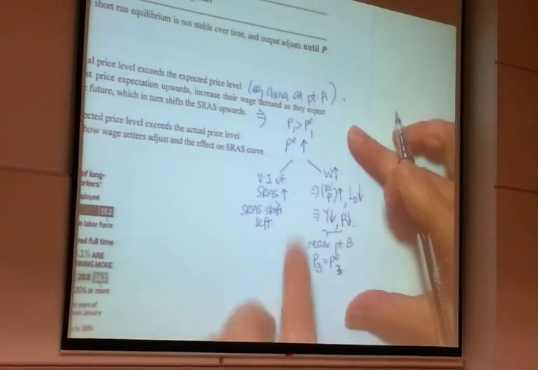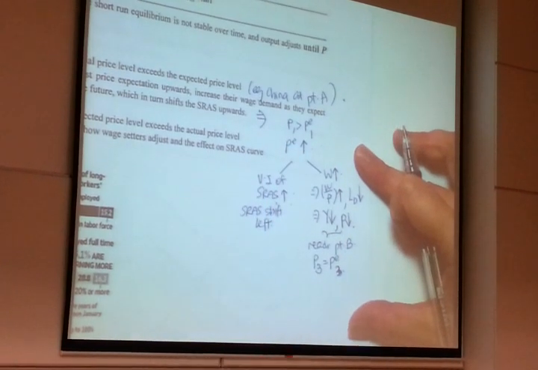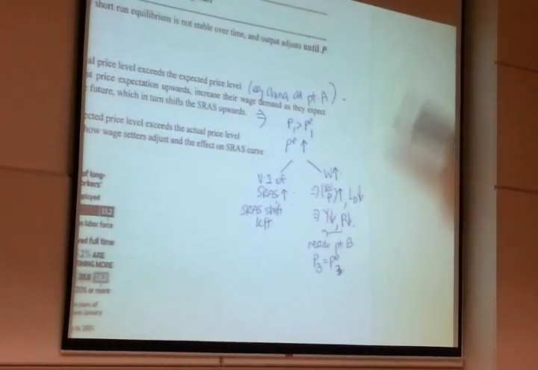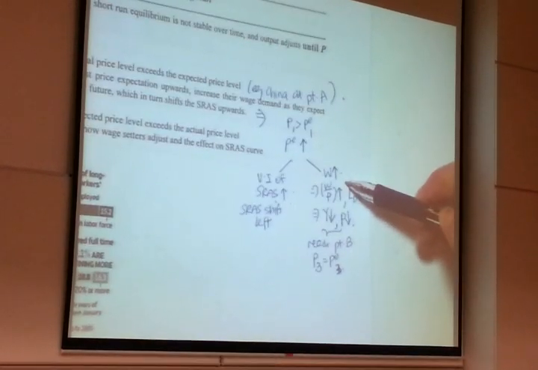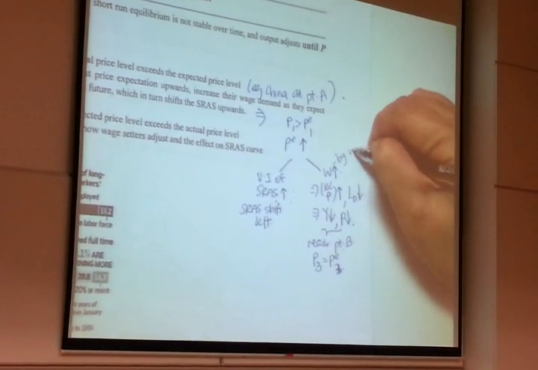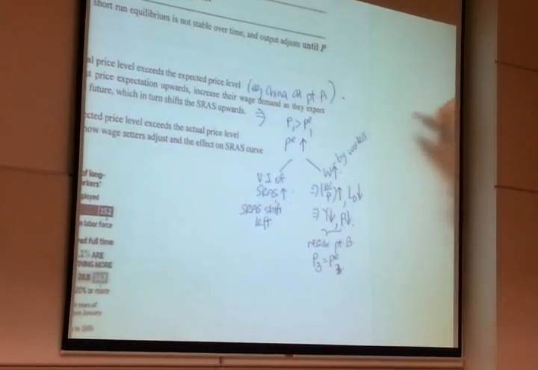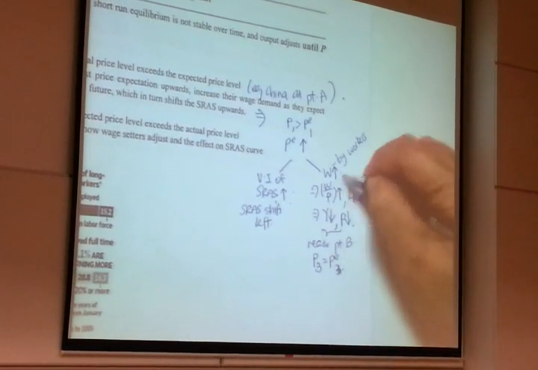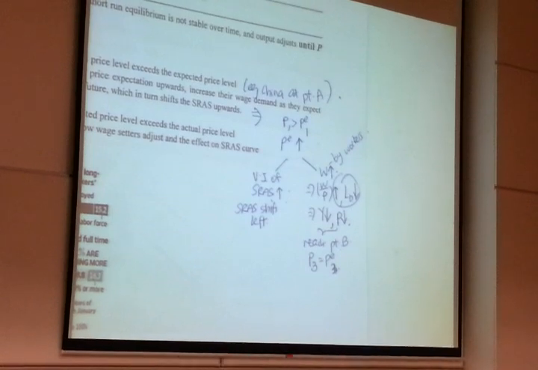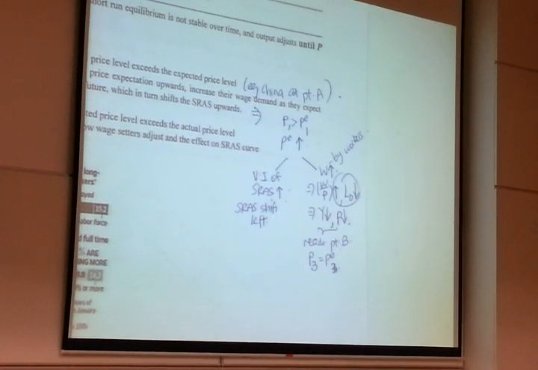So when you go back and revise, can you remind yourself everything is automatic? There is no government. It's not government set wages to go up. It's purely by workers. And this reaction here is by firms. So there is no government intervention.